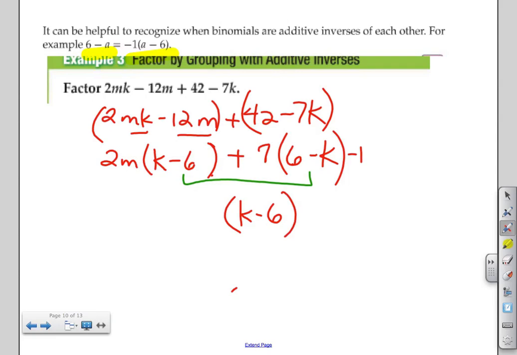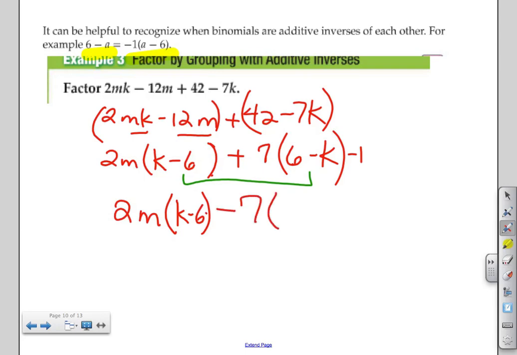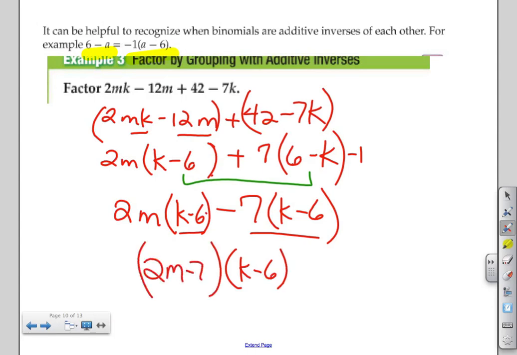So then we have 2m times k minus 6, minus 7 times k minus 6. All right, see how we got to do that? That way we have these two guys looking exactly the same. So then our second factor is going to be k minus 6, and our first factor is going to be 2m minus 7. All righty?